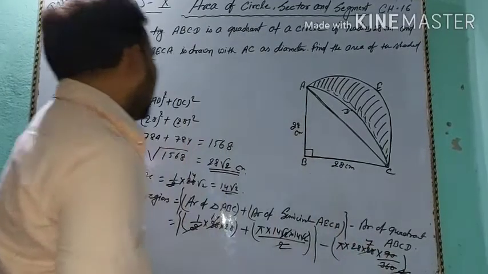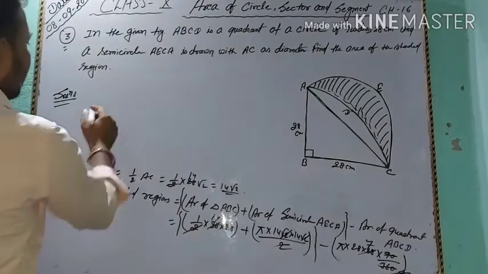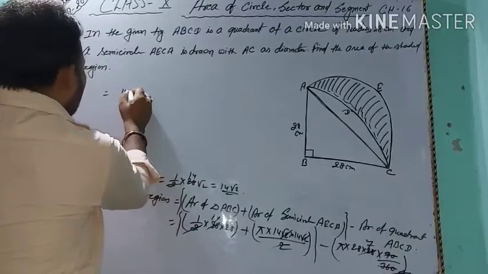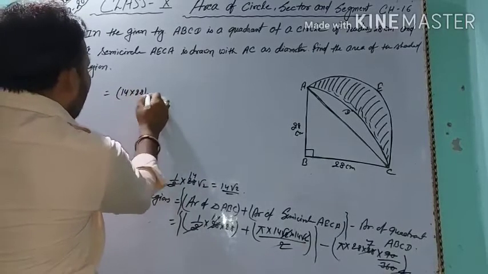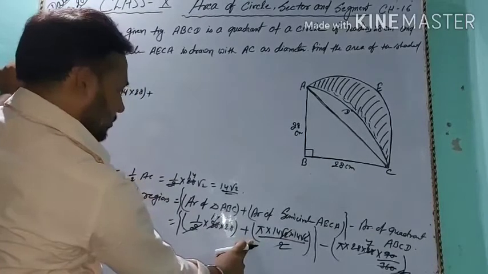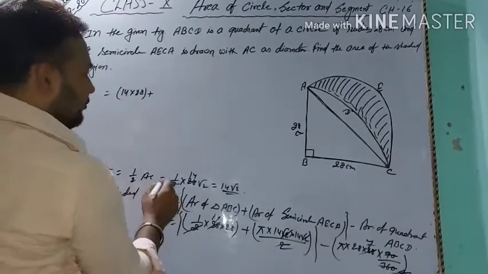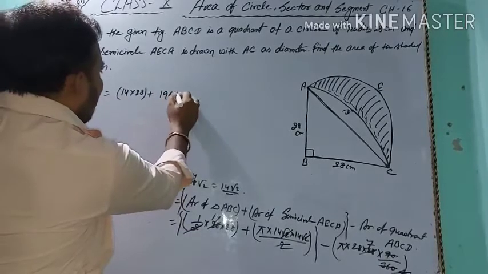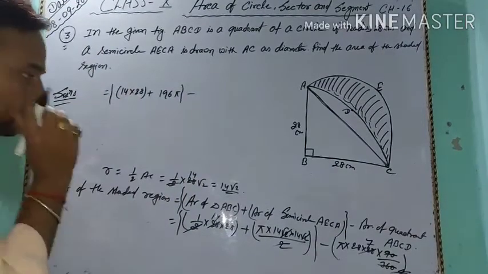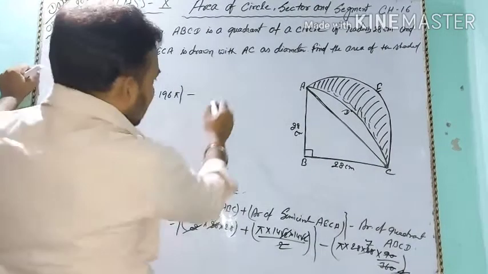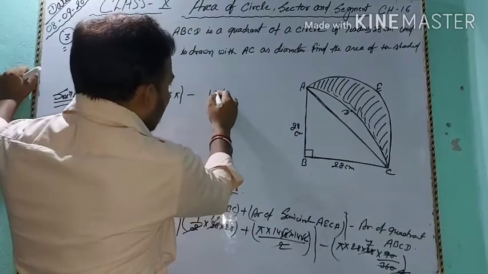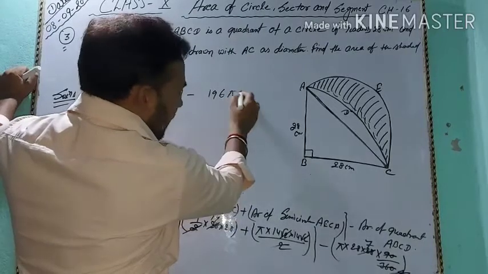Area of the shaded region equals 14 multiplied by 28 plus 196 pi minus 196 pi.